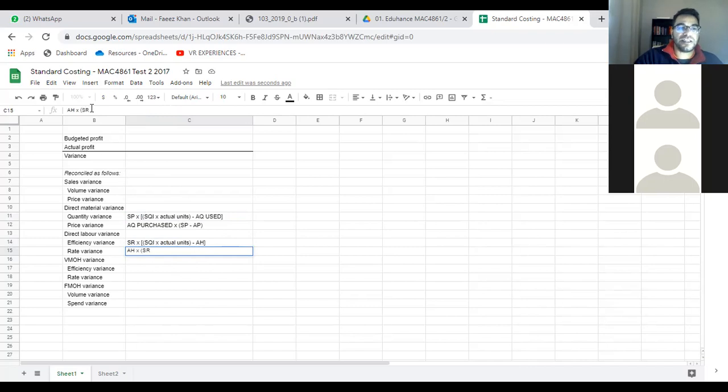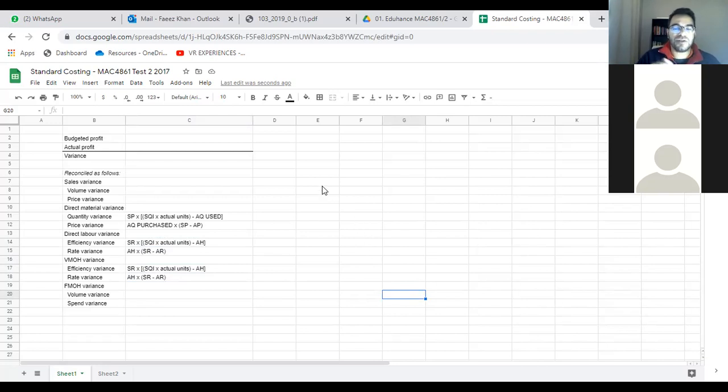Standard price, we call it a rate, minus actual price, we call it a rate. So that is basically it. How do we do it for variable overhead? Exactly the same as labor. Basically the same thinking as labor. Just understand the actual information.